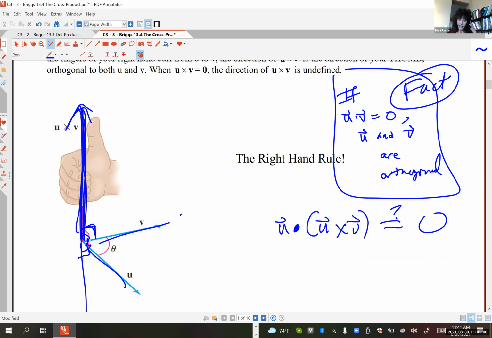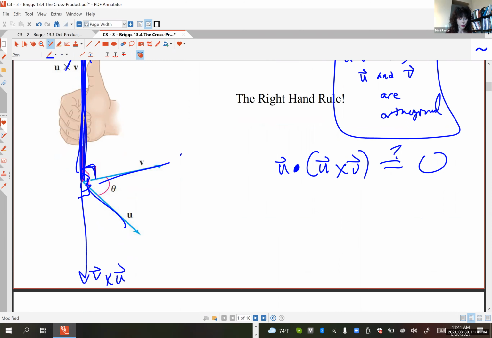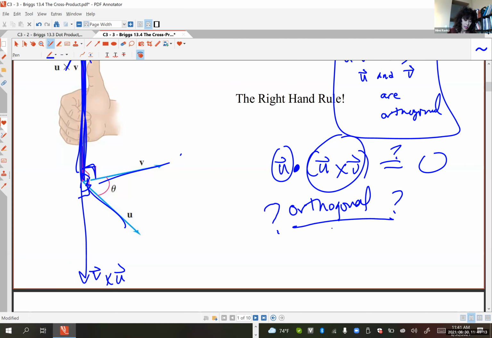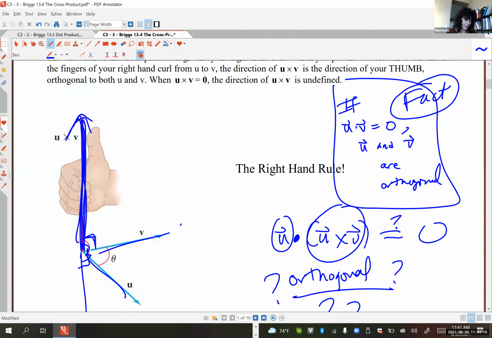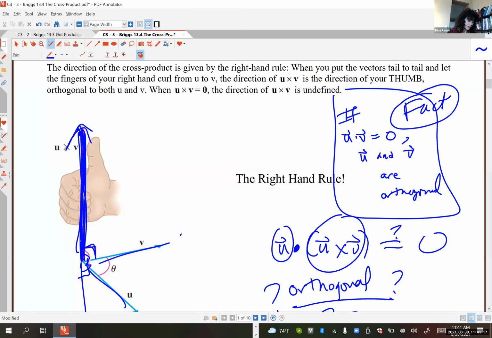Now, what is that saying? That's saying, if it is true, here's what would have to be true: that this vector and this vector are orthogonal. Are they? Look at this picture here. Here's U cross V. Here's U. By that picture, are those 2 guys orthogonal?